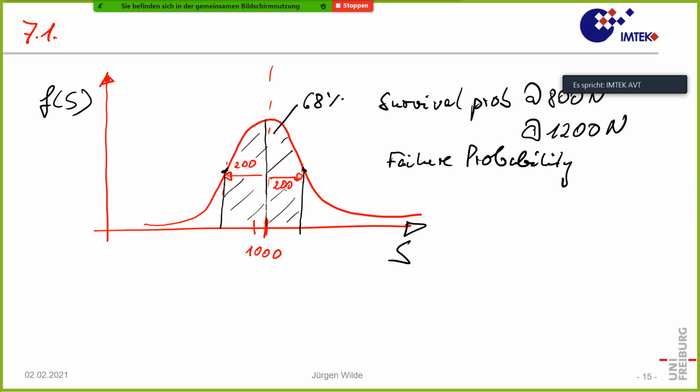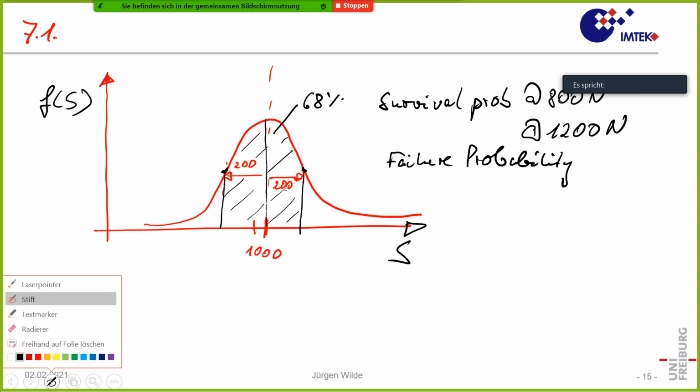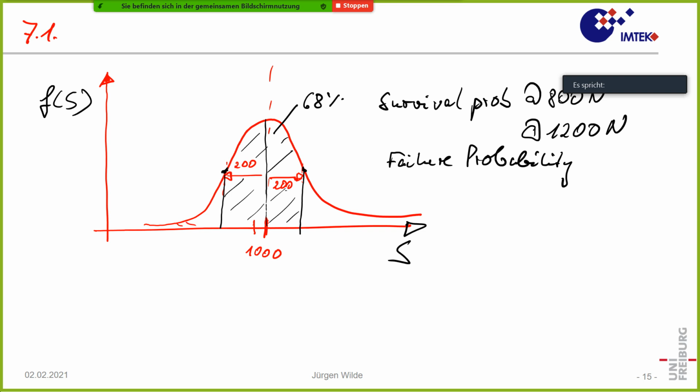That means the rest is, so how much is it? That's 16%.